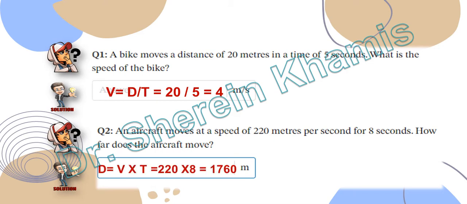So we have the rule d equals v times t. 220 times 8 gives a distance of 1760 meters. Okay, it's also an easy question for the rule. We have all the rules directly in our lesson. Okay, let's go to question number 3.